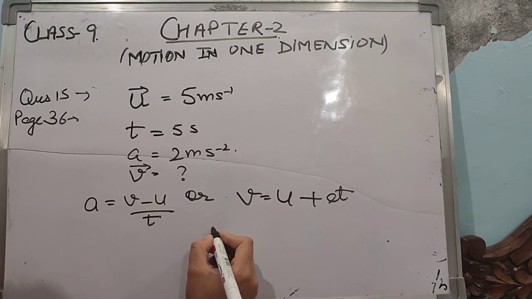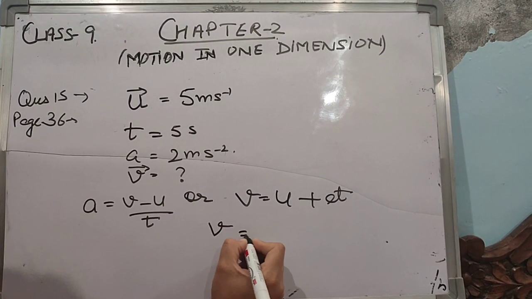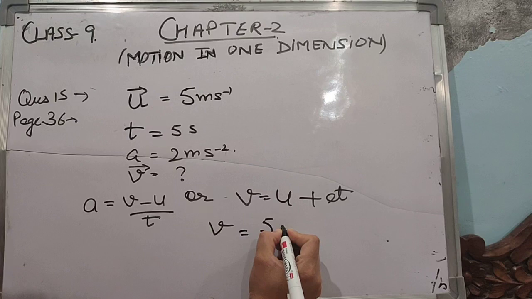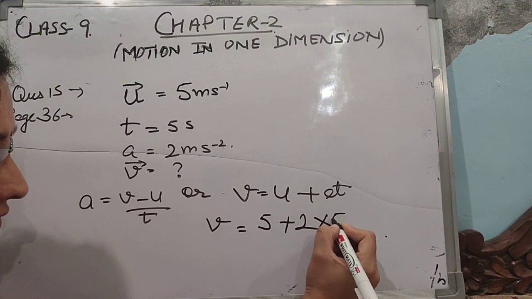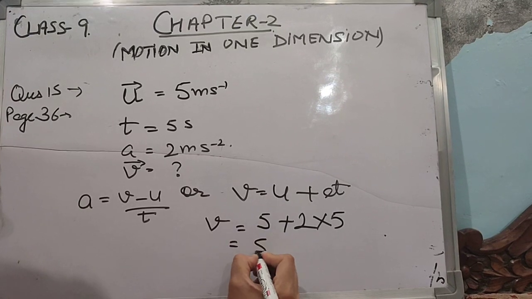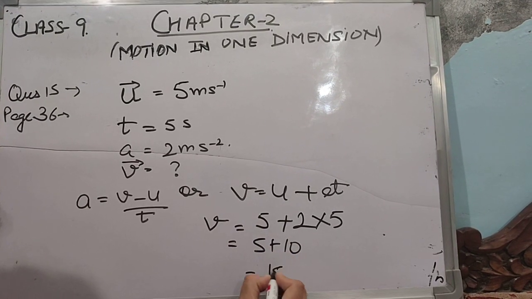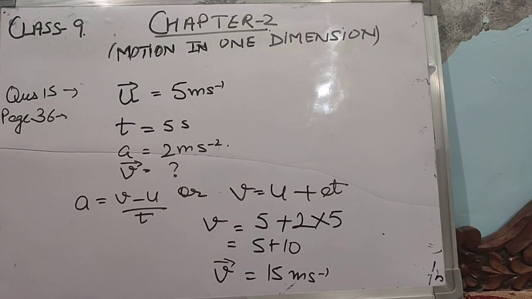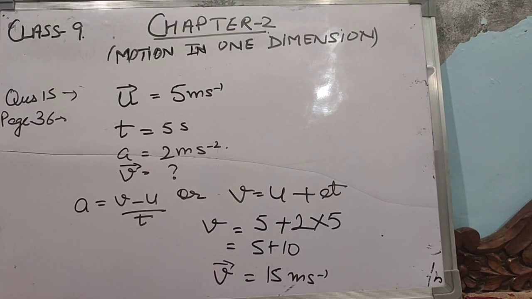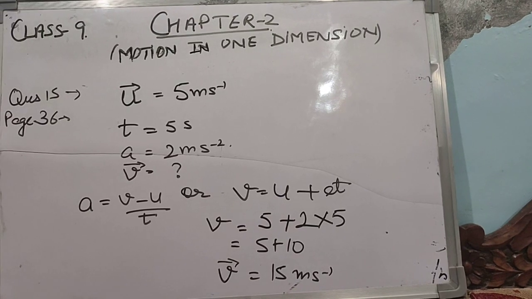We have to find the final velocity, that is v. The initial velocity is 5, the acceleration is 2 and the time is 5 again. So it will be 5 plus 10, that is equal to 15 meter per second. So the final velocity of the bicycle is 15 meter per second.